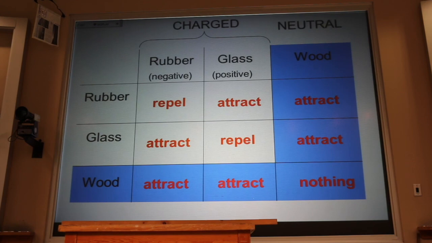And that when you rub the glass rod, some of that invisible essence entered the glass rod. And that's why the negative rubber rod was missing some of this essence, and the glass rod was positive because it had extras of this essence.